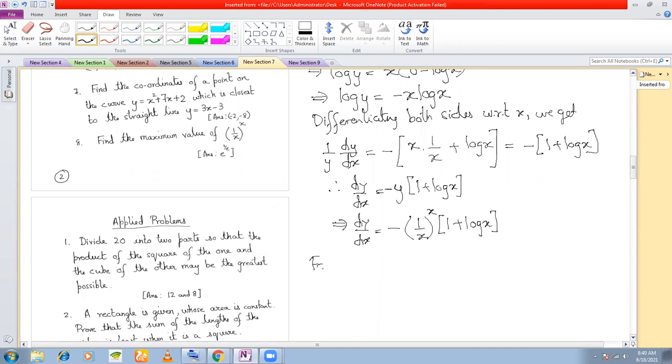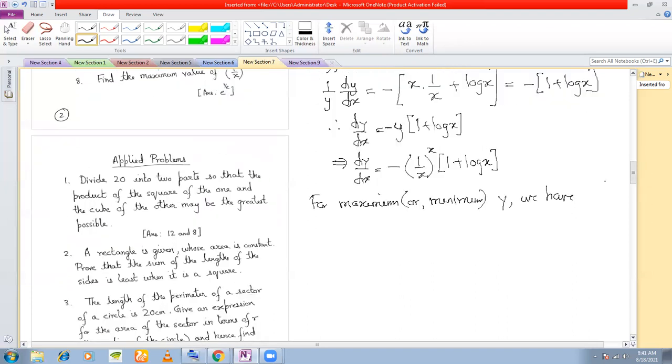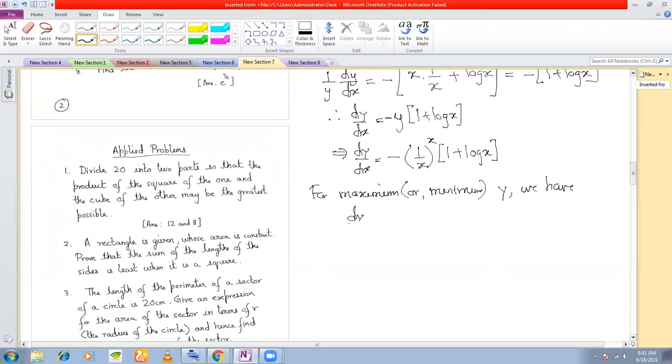Now for maximum or minimum, the first derivative must vanish. That means you have minus 1 by x to the power of x into (1 plus log x) is equal to 0.